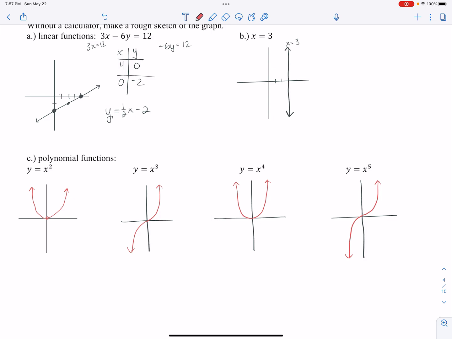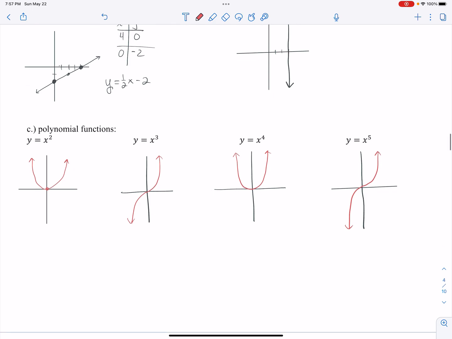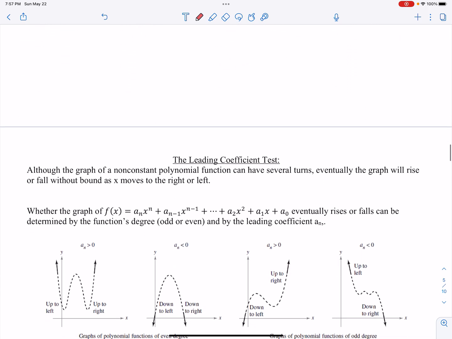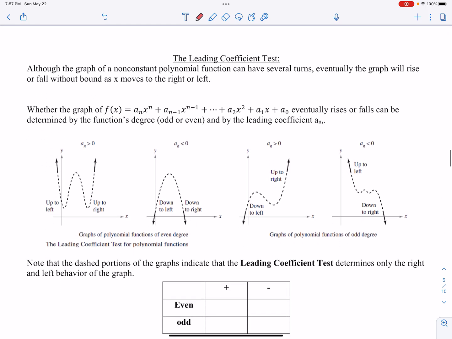So again, even functions have that parabolic shape, and odd functions have ends that go opposite directions, right? One goes up, one goes down. It doesn't really have a name. I'd always just call it this kind of snakes through the graph. Now, exactly what that looks like when you start adding more terms, right?